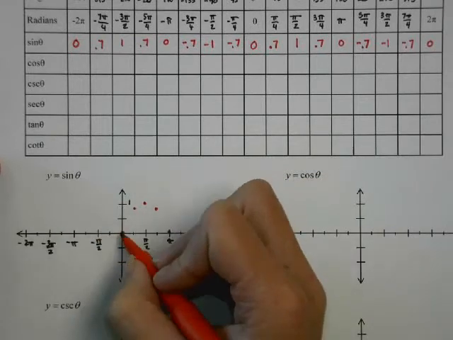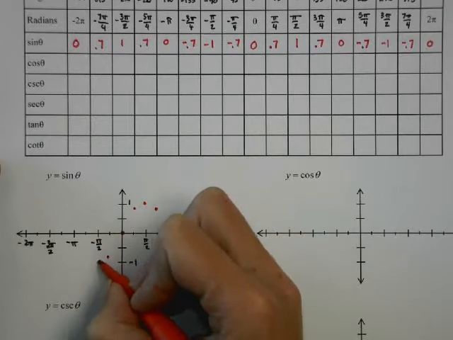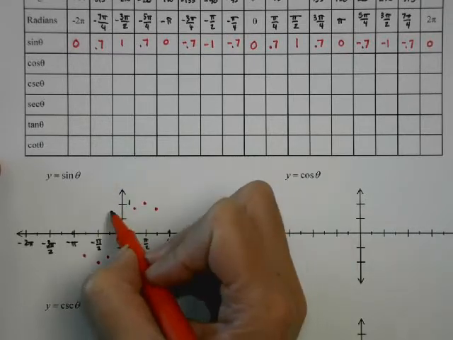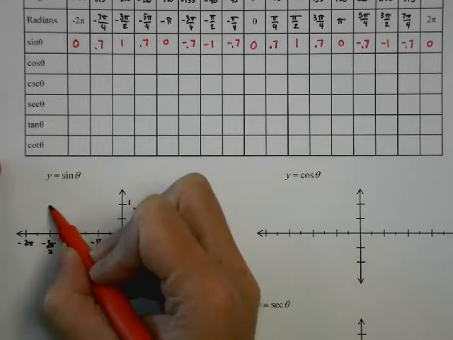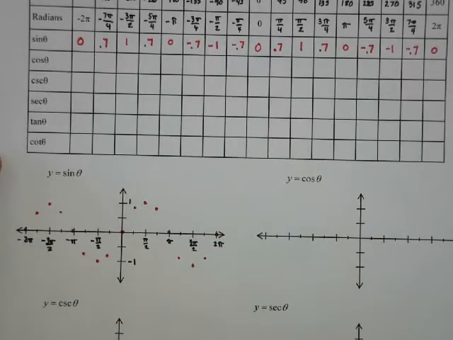Then we'll backtrack here. And you can maybe kind of already see the pattern here. And then we're up at positive 0.7, positive 1, 0.7, and 0.